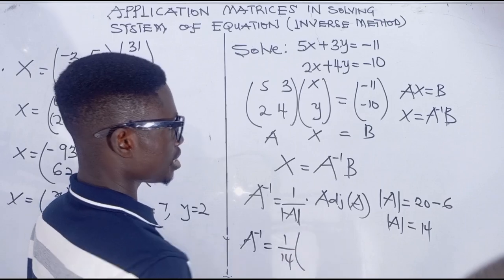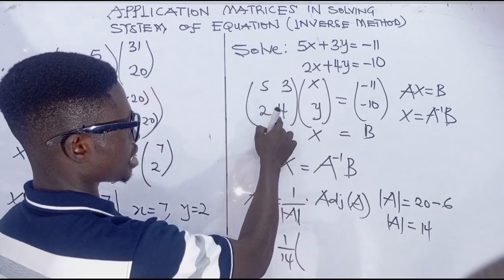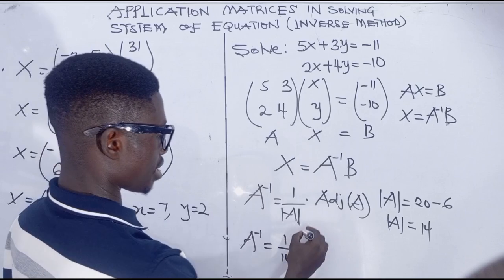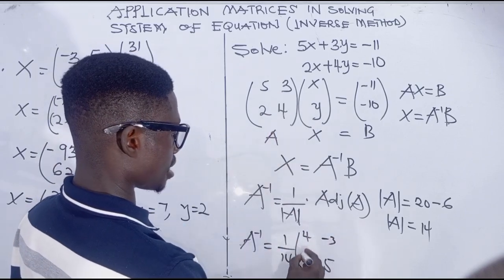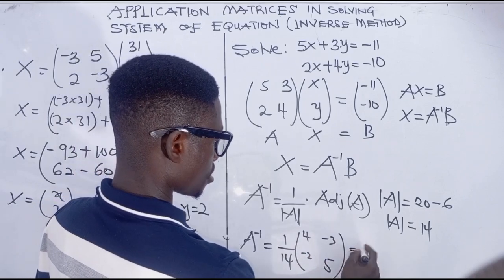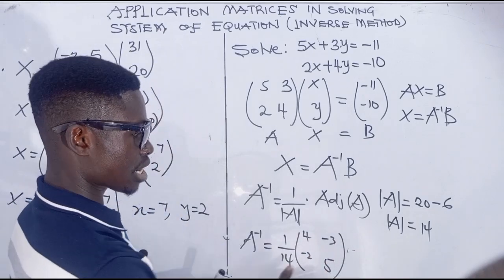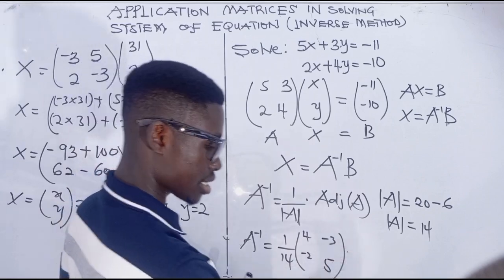So we have inverse of A equal to 1 over 14. The adjoint, we are going to interchange the position of 4 and then 5. So we have 4, and then we negate the 3 and then the 2. So this is the inverse of A. We can simplify or leave it at this.